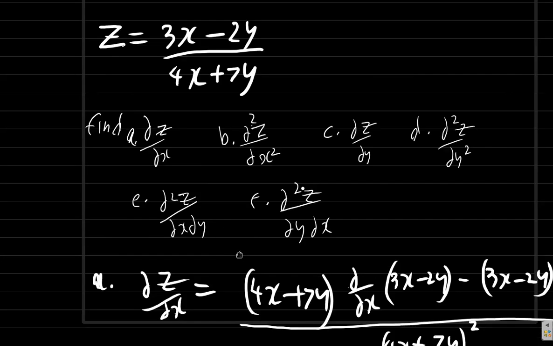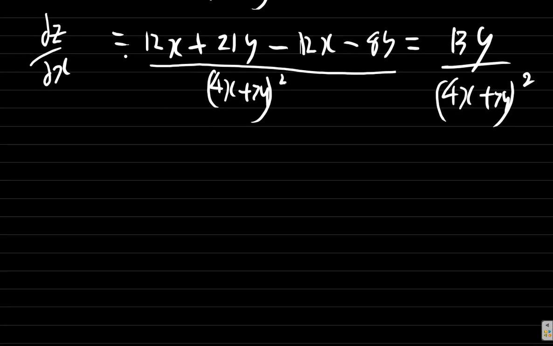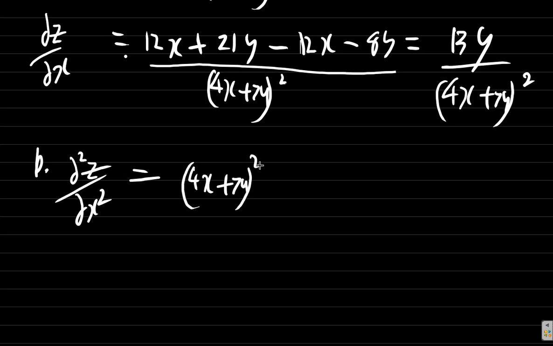How about part B, ∂²z/∂x² now? ∂²z/∂x² means we're going to differentiate this with respect to x. So we hold the bottom, (4x plus 7y) squared, times the derivative of the top.